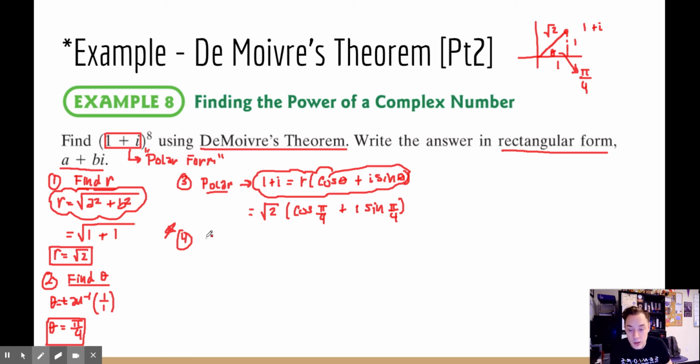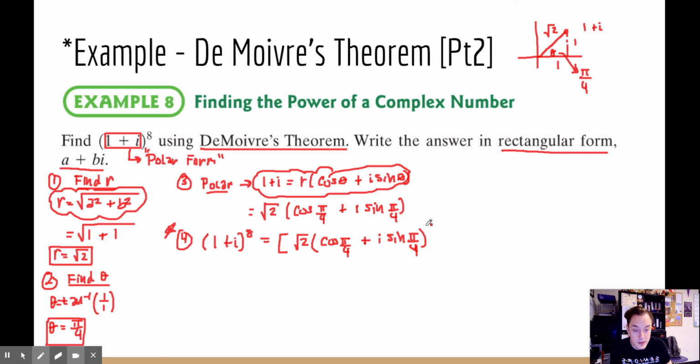So now I'm going to look at the whole thing, 1 plus i to the 8th power. So that means I'm going to take radical 2, all of this, and then cosine of pi all over 4 plus i sine of pi all over 4.